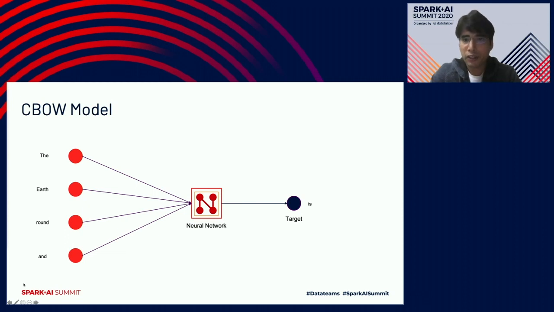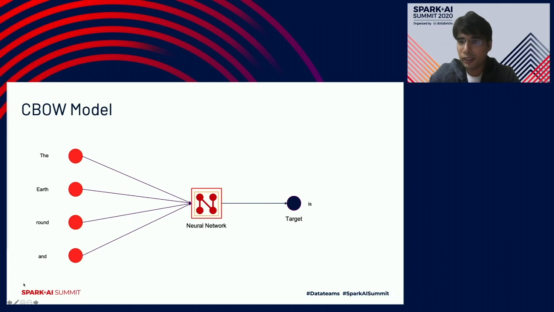What happens in the continuous bag of words model is that you pass the context words. So in this case, we pass the, earth, round and is becomes our target word. Now this hyperparameter, which is window size, you can decide how much window size you want to keep in order to learn these embeddings. But the overall idea is to pass these words as an input to your neural network, and this neural network contains a single hidden layer, right?